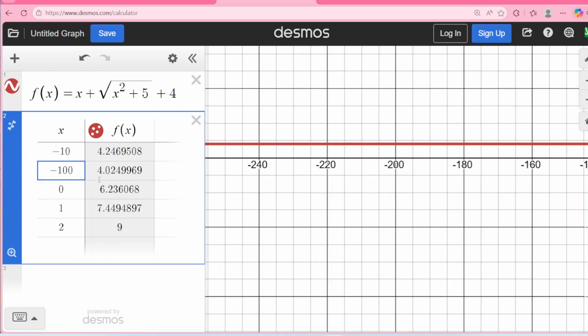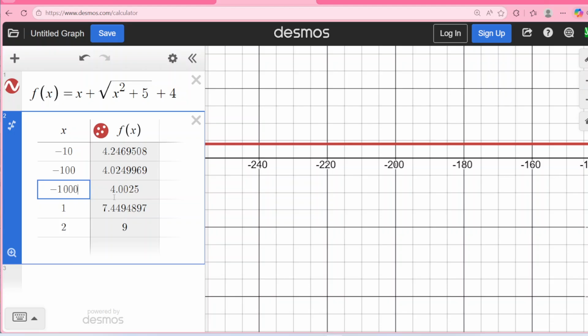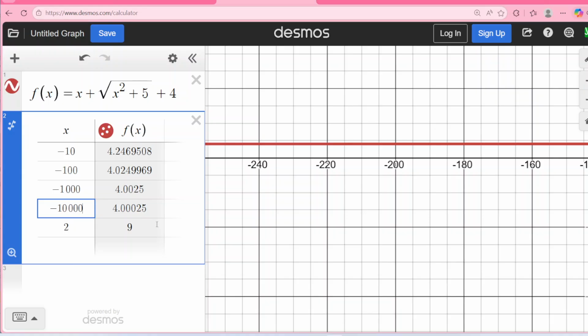The value is 4.024 whatever. Then we'll go negative 1000. Now it's 4.0025. And how about negative 10,000? And then the last one, I'll do negative 100,000.